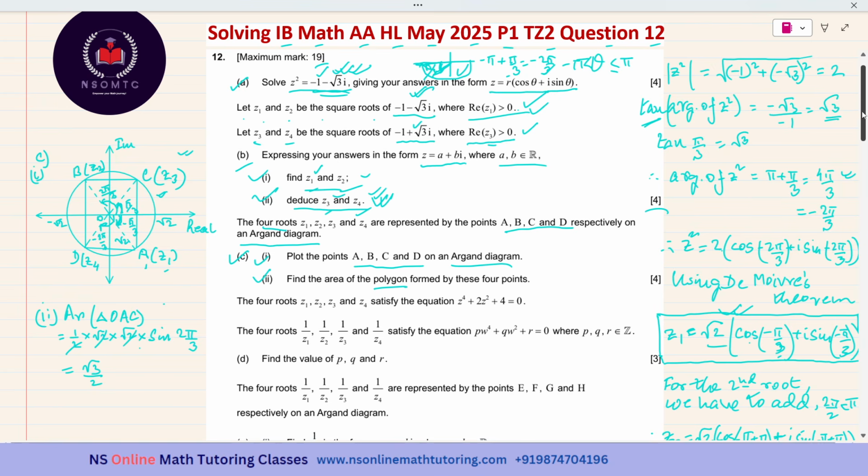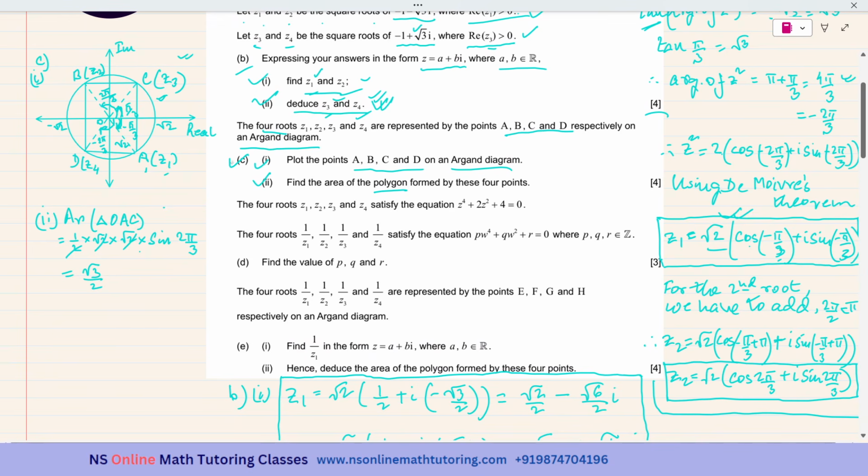Similarly, we have to get the area of the triangle OBC. So for this also it is half times square root of 2 times square root of 2 times sine of, what is the angle? See, this part is pi over 3 and this whole thing is 2 pi over 3.